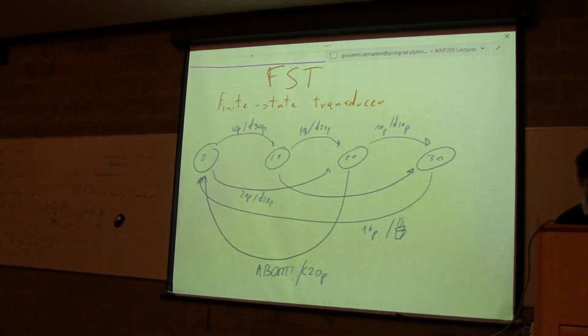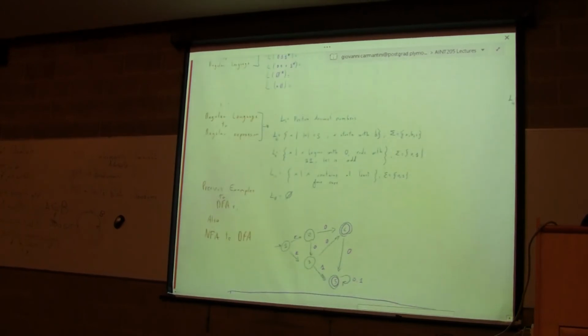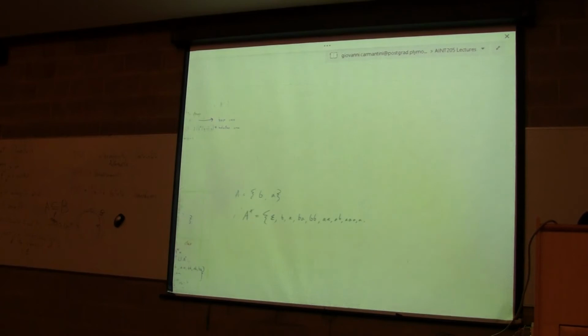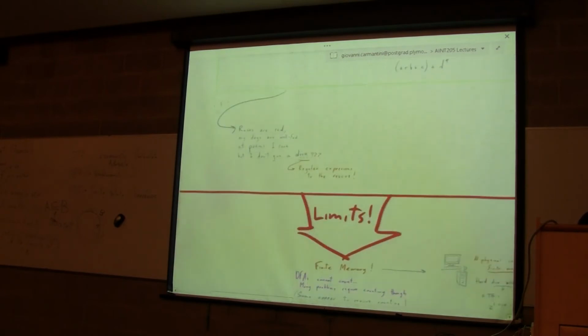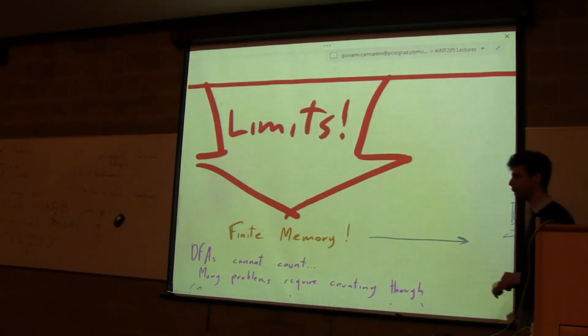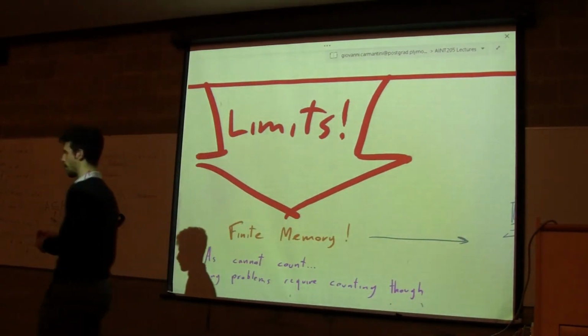So this is something nice to know if you'll ever like to use it. So finite state transducers, and now, okay, now for the interesting part. The DFAs are a computation machine, okay?